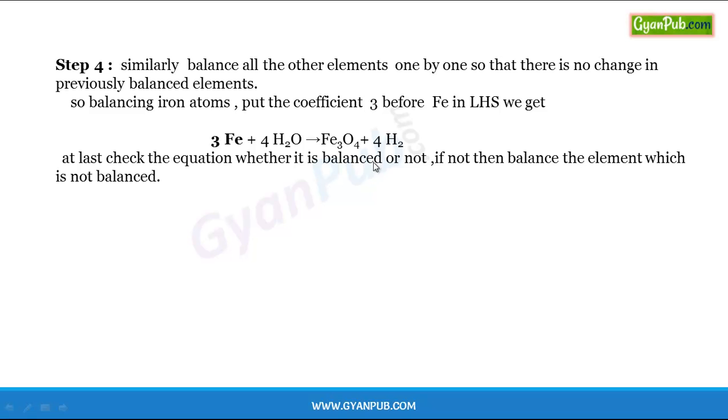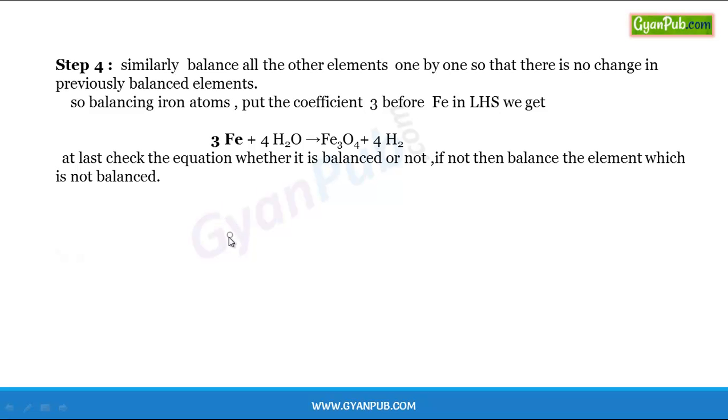So the equation is balanced, with an equal number of atoms of each element on both the left hand side and the right hand side. According to the law of conservation of mass, the equation is balanced and the total number of atoms is equal on both sides.